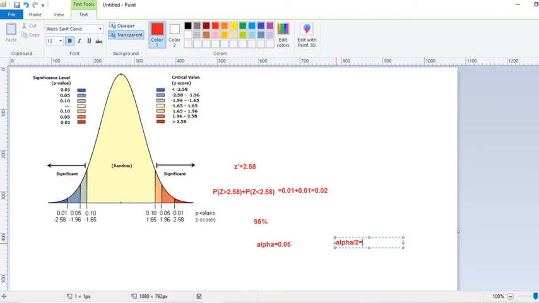Alpha by 2 equals 0.025. Suppose you are taking alpha equal to 0.1, then what will be alpha by 2? Equal to 0.05.